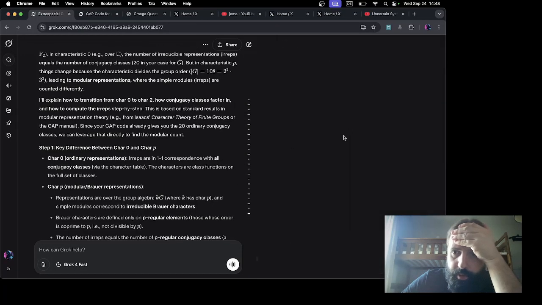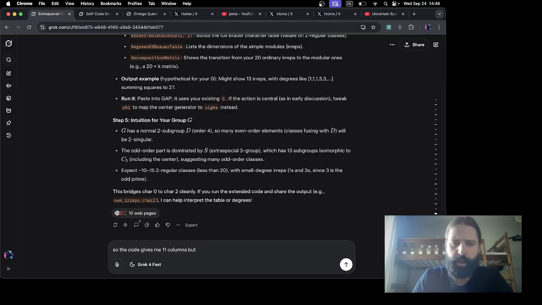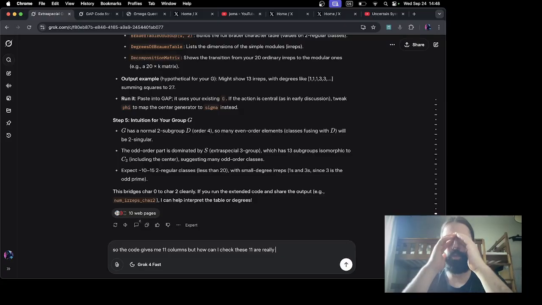So I get, okay, so the code gives me 11 columns, but how can I check these 11 are really, wait, because we're trying to get to blocks.